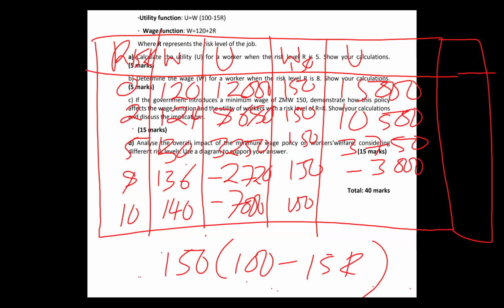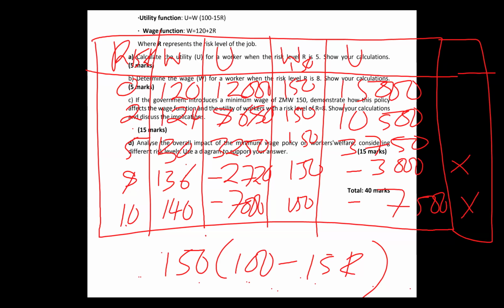And when you go to 8, we found a negative 3,000. 150 times 100 minus 15 times 8 is negative 3,000, which is now bad. Again, when you do it at a risk of 10, it will be negative 7,500. So this is not nice.